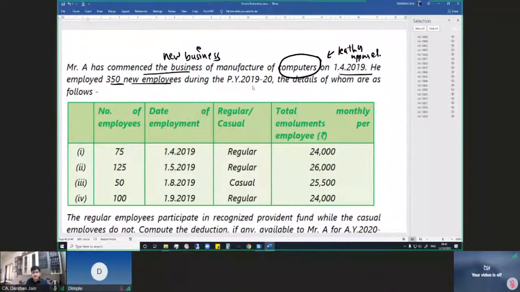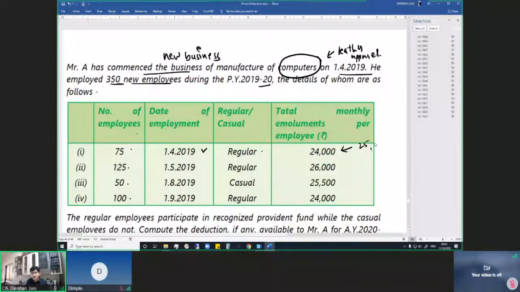350 new employees during previous year 2019-20, the details of whom are as follows. Number of employees 75, 125, 50 and 100, adding up to 350 employees. At the beginning of the year, he has employed 75 employees, classified as regular, and the total emoluments paid per employee was 24,000.